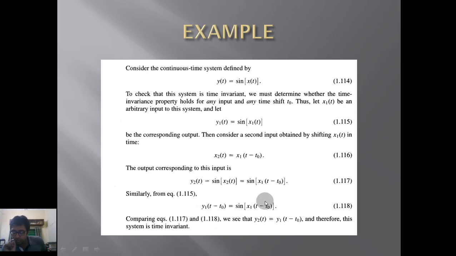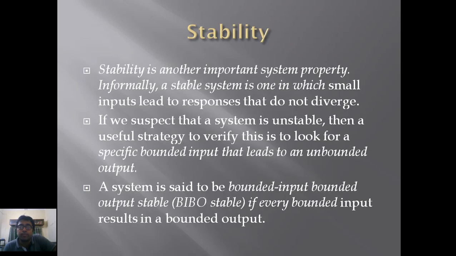If we vary the input signal, the output signal is varied in the same way. So that's why this system, which has been represented with this mathematical representation, is a time invariant system. So let's go to the next slide.